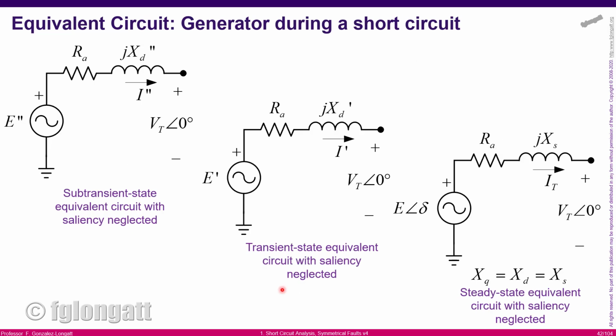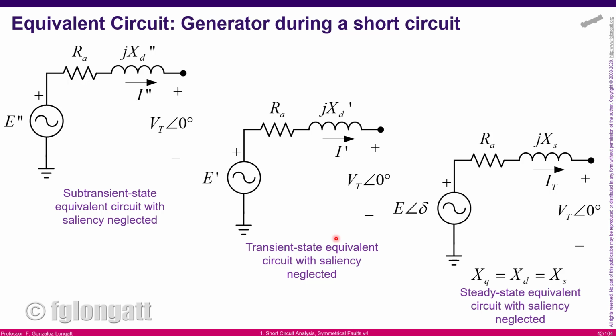The next step is, if we have three inductive reactances for the synchronous machine during a short circuit condition, we need to have three different models. One model for the subtransient state, one model for the transient state, and finally, one model for the steady state.